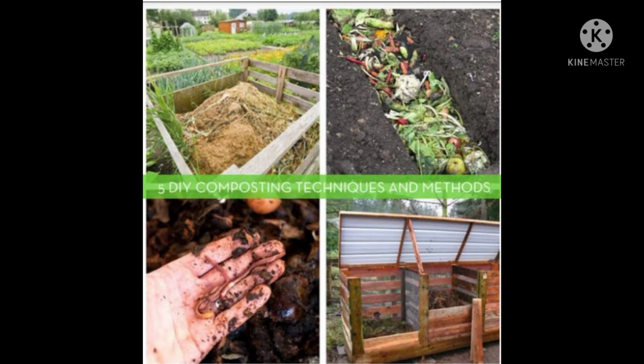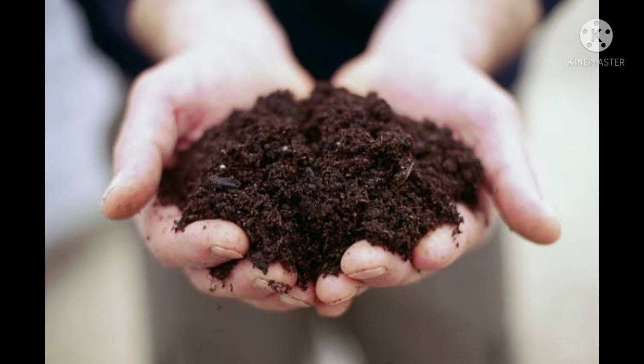After a few days or after a month, when you open the pit, the organic materials we added would be degraded and it will be black in color, children. As you can view in the picture, this is called compost. So this is a good fertilizer to grow plants well. You can mix this fertilizer along with the soil where you want to grow plants.